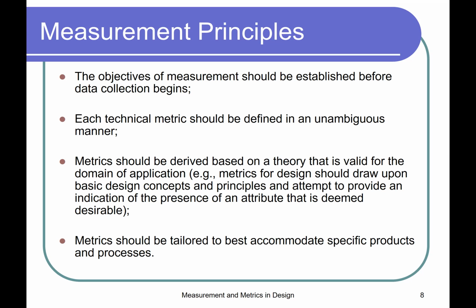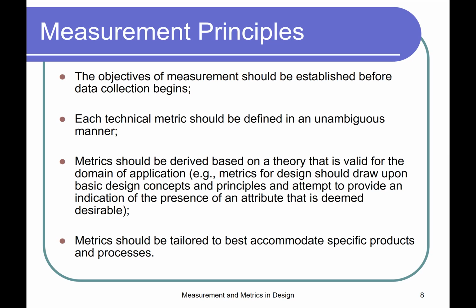Metrics should be derived based on theory. We already explained that before. Metrics should be tailored to best accommodate specific products and processes. So for example, we know there are two development life cycles, like the waterfall method and the agile method. The agile method uses a completely different way of developing software than the waterfall approach.